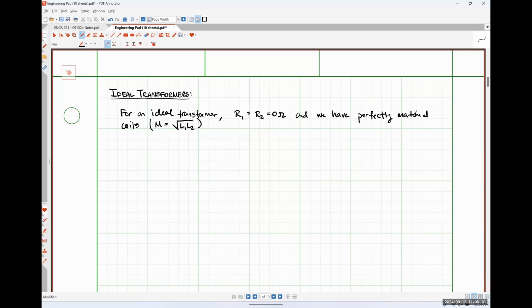So I'm going to draw a circuit that contains an ideal transformer. On the left-hand side, we are going to have the source side of the circuit, which will be connected to our primary. So here's some voltage source Vs, terminals for said voltage source.